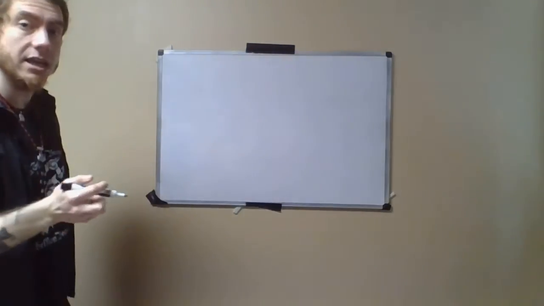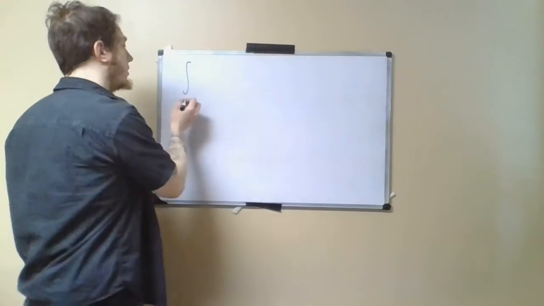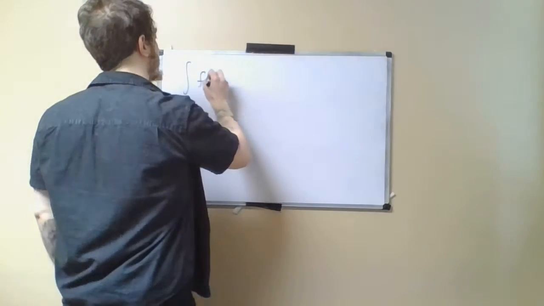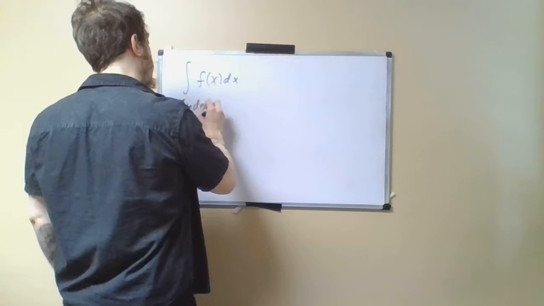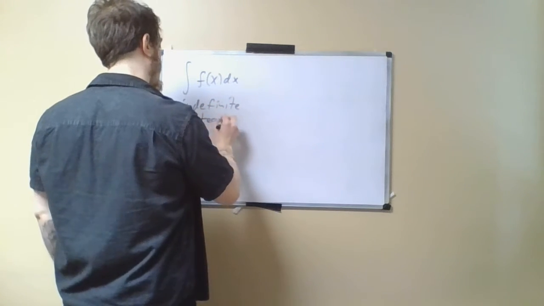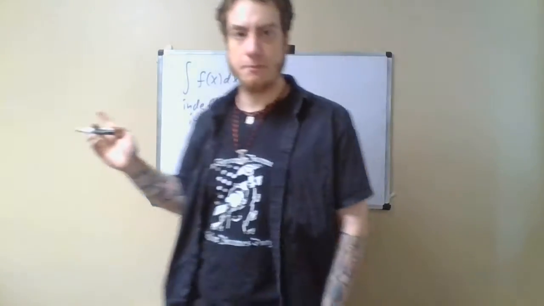So one of the things I want to mention here is notationally, one way that we write an antiderivative is we use the integral symbol without putting any boundaries on it. So we would just write the integral of f of x dx. And this is called an indefinite integral to distinguish it from the definite integral that has bounds.